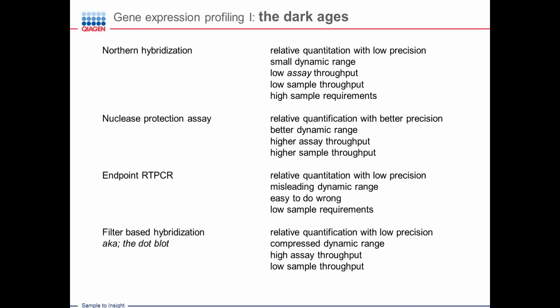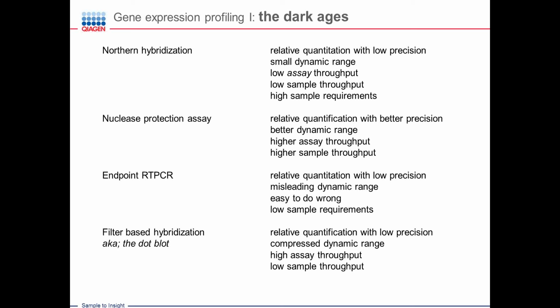You can quantify that band. And it looked like it was science, but it was fraught with a lot of misinterpretation. The dynamic range was small. It was very easy to get the wrong answer with high precision and get the wrong answer time after time again. That improved later on, and we'll talk about that.